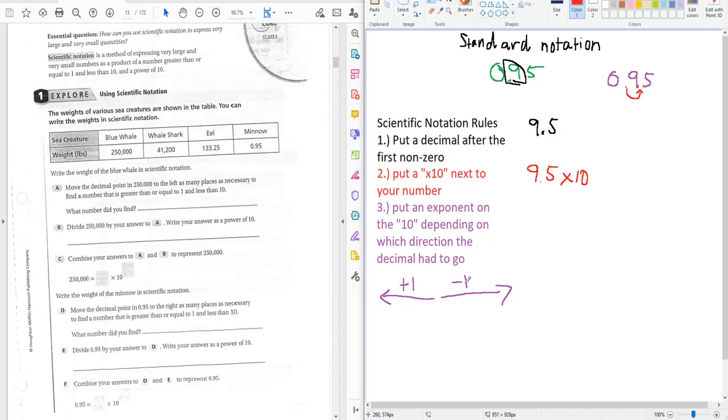So since I moved 1 to the right, I'm going to minus 1. So I have 9.5 times 10 to the negative 1. Okay. I'll do one more example.